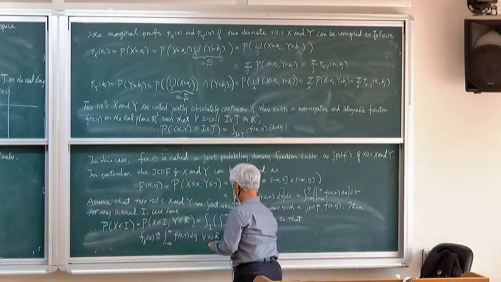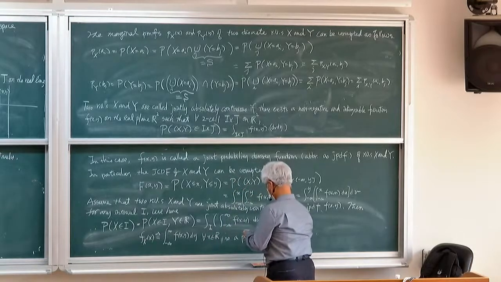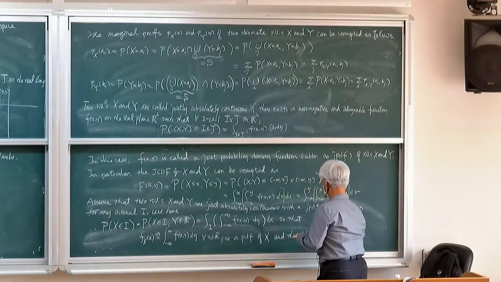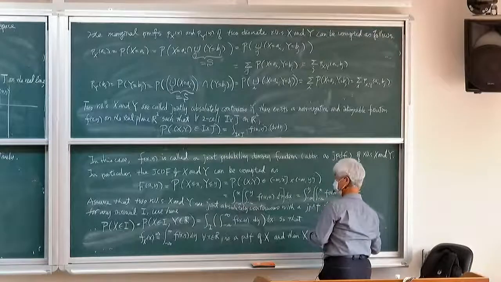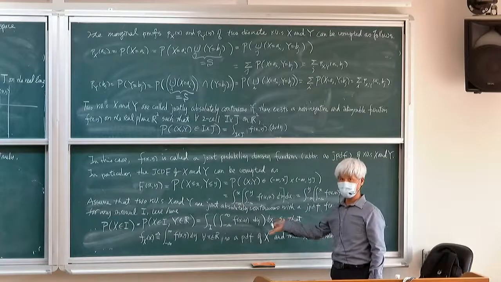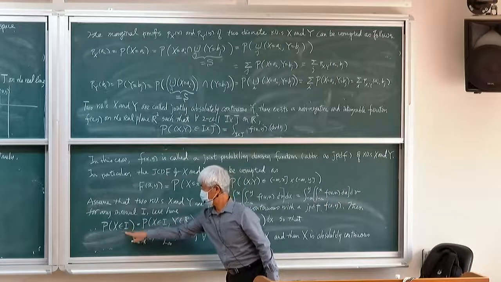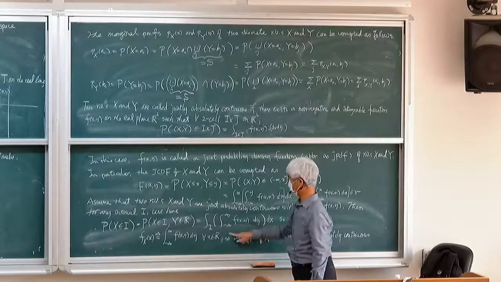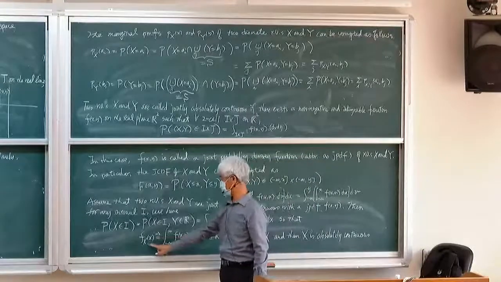So this is a PDF of X. Because the probability can be expressed in this way, we can define the inner improper integral to be a function of x.